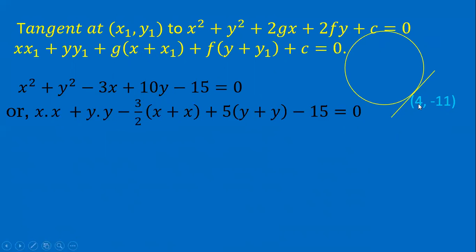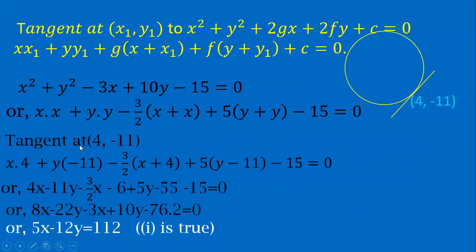In place of x1, I will put 4. In place of y1, I will put -11. Thereby, I get 4 into x plus y into -11. Then 3 by 2, one x remaining the same, and for another x we are putting 4. One y remaining the same, and for another y we are putting -11, and after this calculation we get 5x - 12y = 112. So the first option is correct.